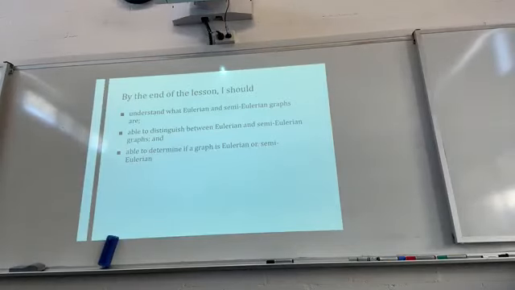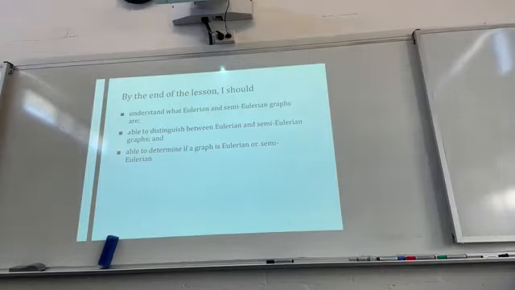Now, what you need to know after this lesson is to understand what an Eulerian and semi-Eulerian graph are, and be able to distinguish them. There are particular ways that you are expected to answer the questions in exams.